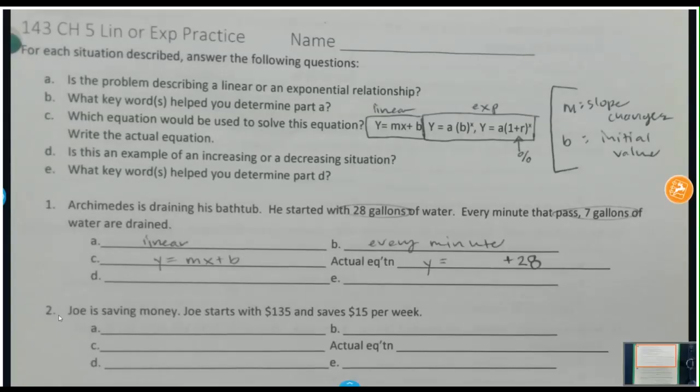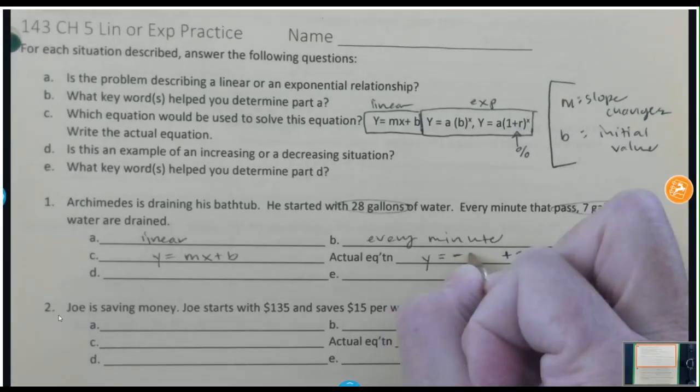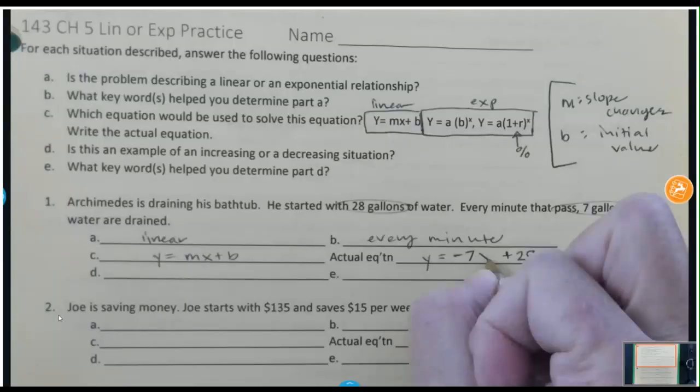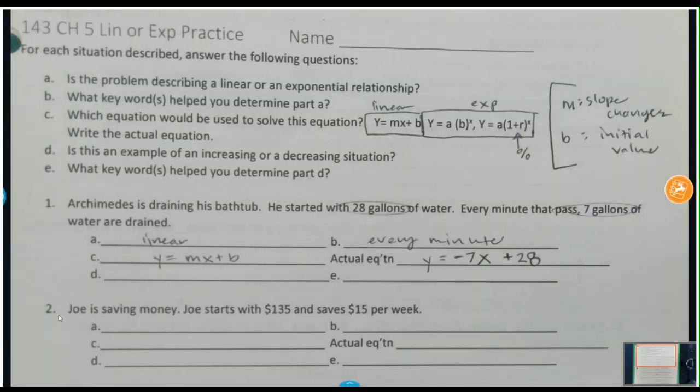What is that 7 gallons doing? Draining. So what kind of 7 is it? -7, and don't forget to put your x with the slope. So the actual formula for Archimedes' bathtub is -7x plus 28. There's no other options there. Okay, I guess if you put 28 minus 7x, I couldn't mark it wrong.